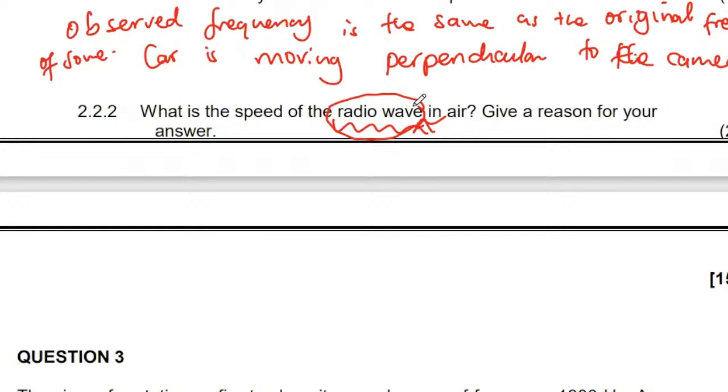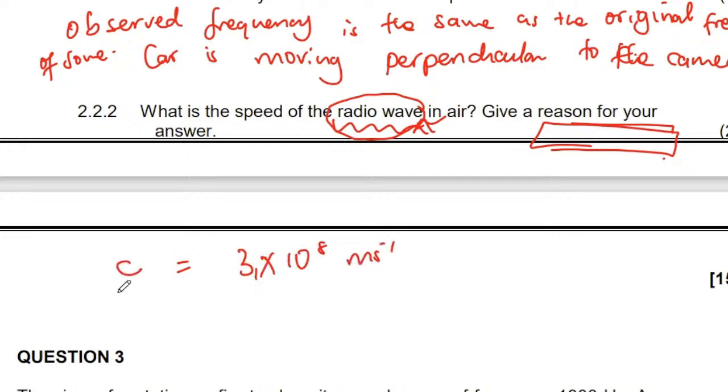So the speed of any wave under the electromagnetic spectrum, the infrared, the radio waves, the TV, the micro, and all of them, is the speed of light. So that will be 3,0 times 10 to the 8 meters per second. Usually it is constant.